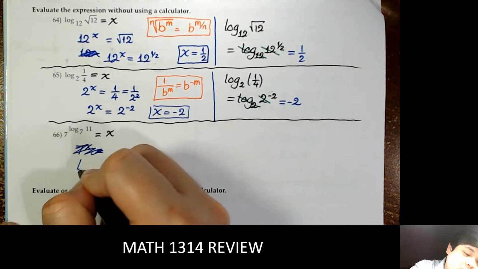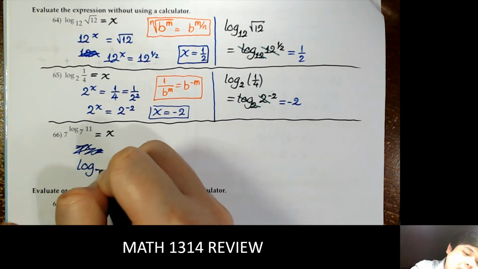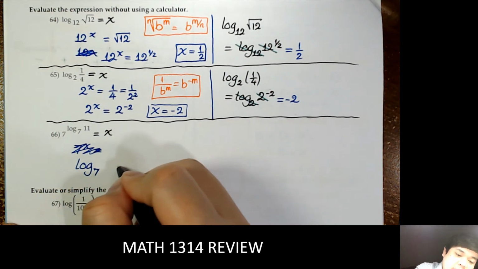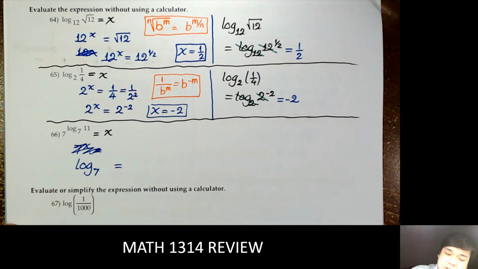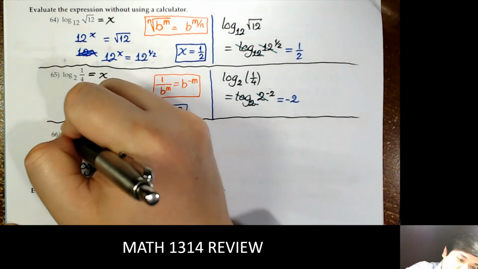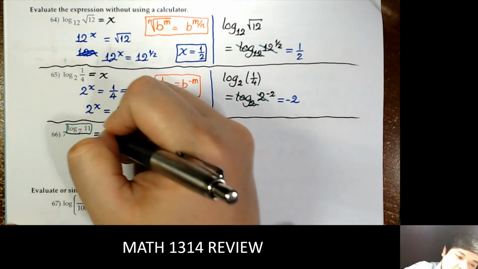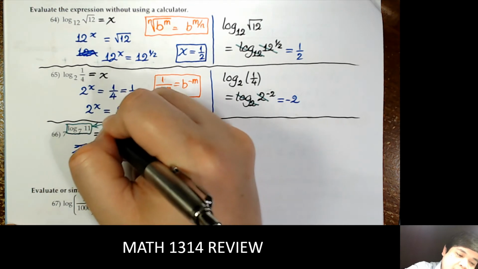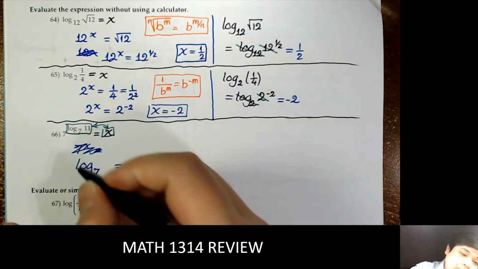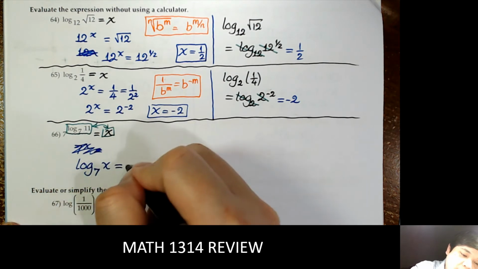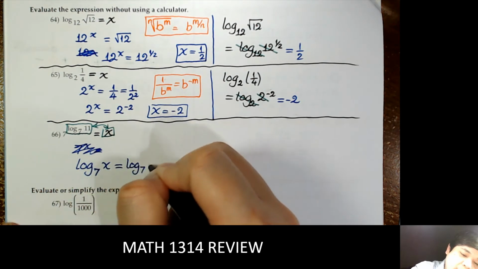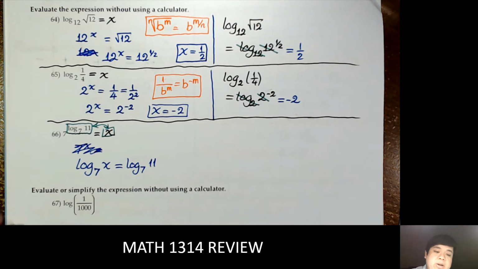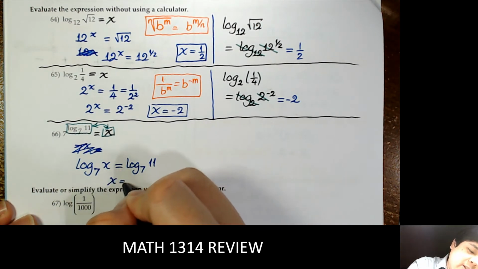We're going to change this to logarithmic form, where the base is still 7. And of course, we swap x and log base 7 of 11. X goes here, and then log base 7 of 11. Obviously, from here, x is equal to 11.